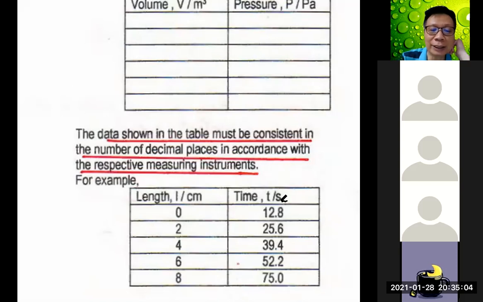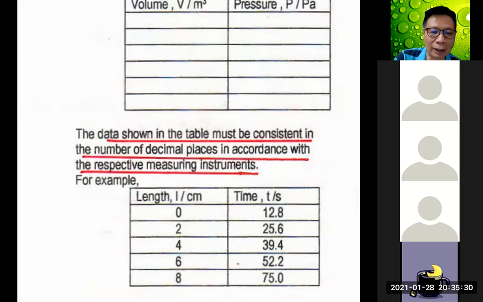For example, here you see one decimal, all must be one decimal. Even though it is 75, you must also write 75.0, so that all have one decimal. If you are using two decimal places, all must be two. That's called consistent. Remember, that's very important. Please follow.